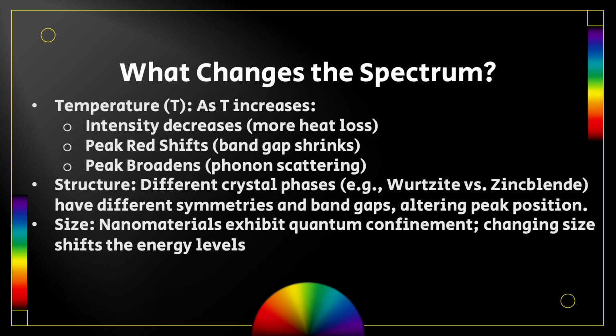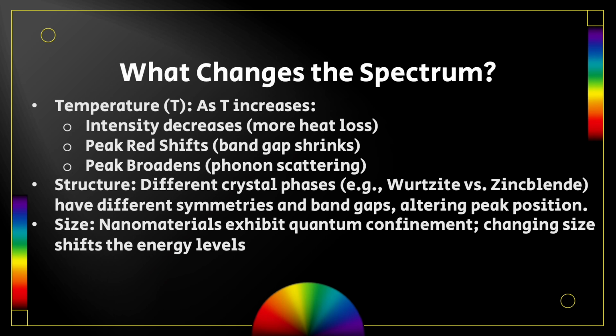Finally, it is important to understand the external factors that can alter this spectrum. We identify three main factors that change the spectrum: temperature, structure, and nanoparticle size. Temperature has a profound effect. As we increase the temperature, three things happen.